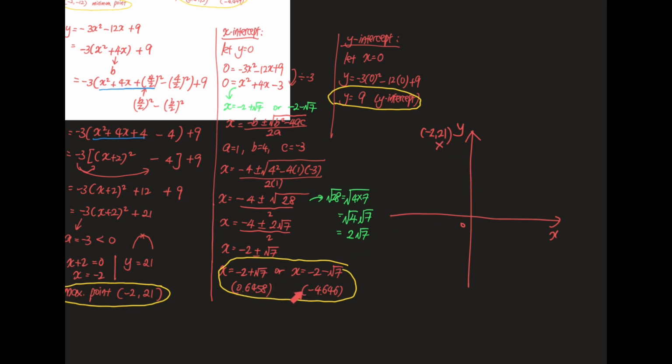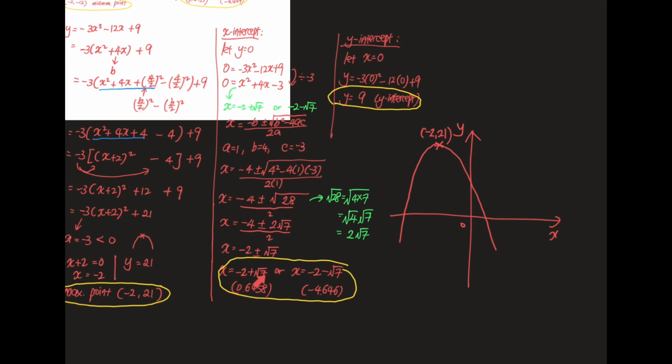Before you draw the graph, it's good to look at this also. As you know, one of the x-intercepts is negative, another one is positive. So when you draw your graph, you have to make it cut at the negative value and at the positive value.